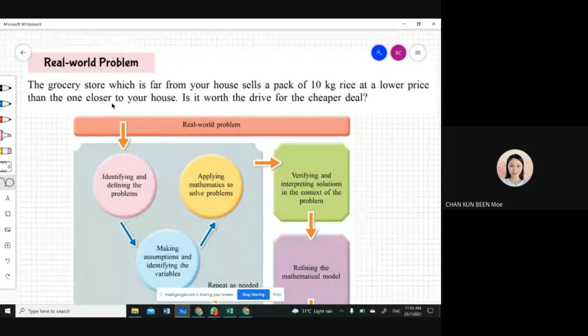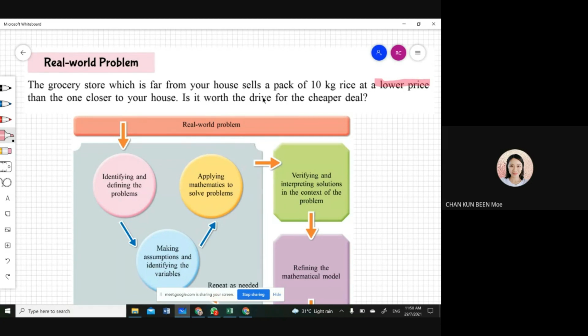Okay, what is the problem? The problem here refers to the grocery store, which is far from your house, that sells a pack of 10 kg rice at a lower price. Okay, lower price meaning it is cheaper than the one closer to your house. So the one that is closer to your house is more expensive.